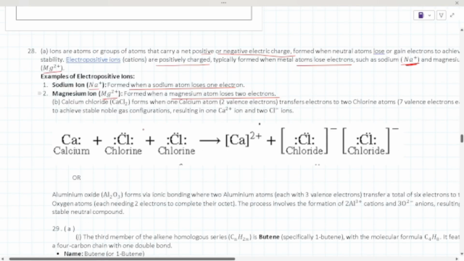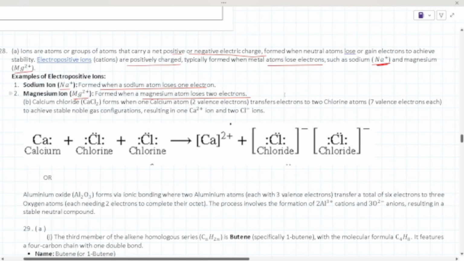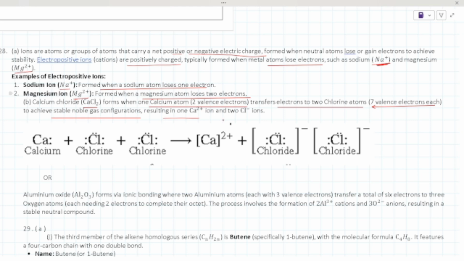Like this. First, write calcium chloride, CaCl2. One calcium atom has two valence electrons, which it transfers to chlorine atoms, which have seven valence electrons, achieving a stable noble gas configuration, resulting in a Ca2 plus ion and Cl minus ions.